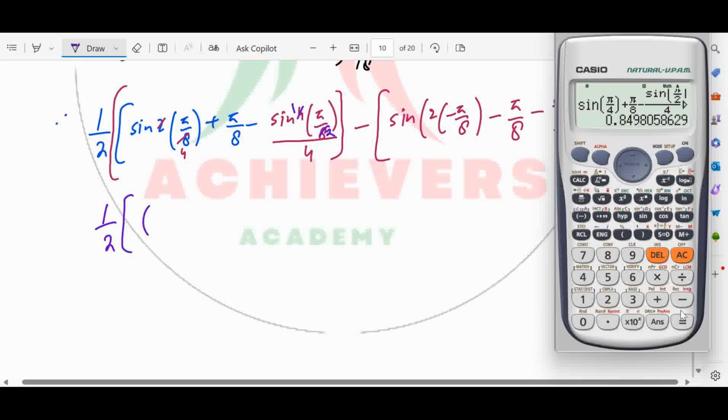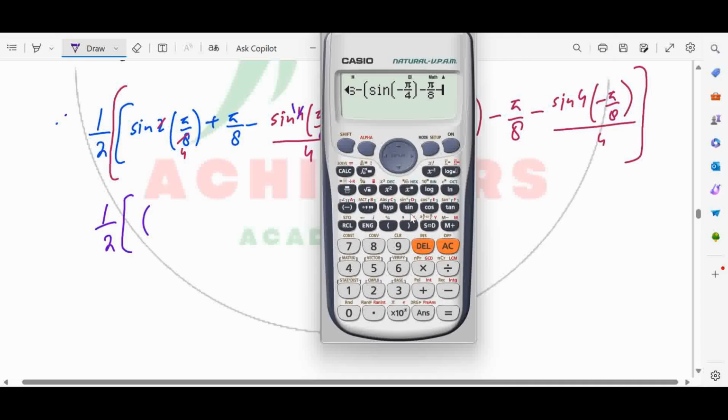So this will be equal to this thing minus, again we need to find out, use the bracket, minus sine of minus pi by 4, minus pi by 4 bracket close, minus pi by 8, minus sine of fraction minus pi by 8.